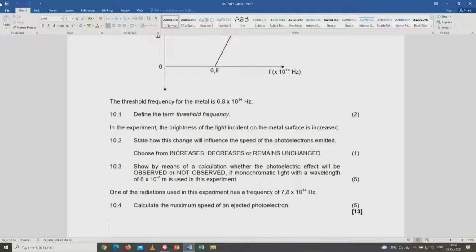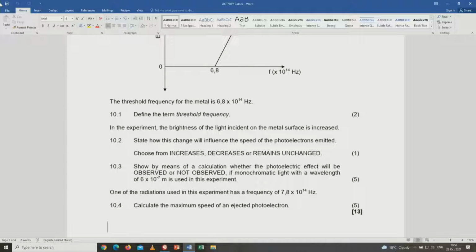In 10.3, we are asked to show by means of a calculation whether the photoelectric effect will be observed or not if monochromatic light of a wavelength 6 times 10 to the power minus 7 is used in this experiment.